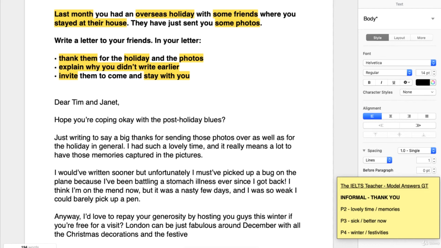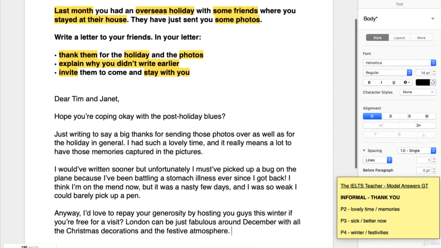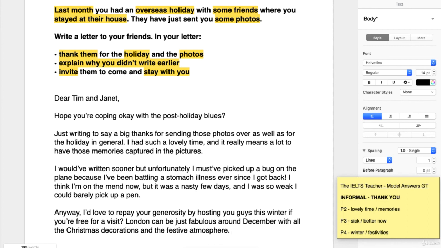The festive what? See if you can think of what I'm writing. The festive atmosphere. So the festive atmosphere, nice collocation sort of coming through here, just very natural vocabulary being used.